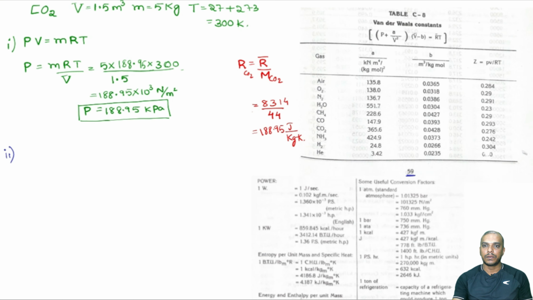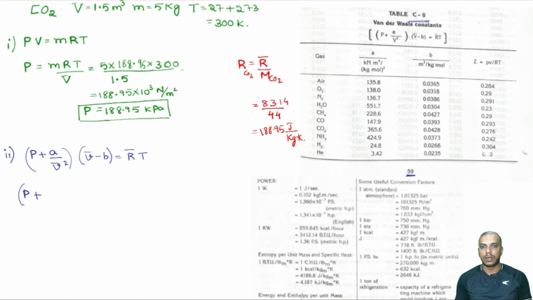So, we have this equation: P plus a by V bar square, into V bar minus b, is equal to R bar T. Pressure is what we want to determine. Now, the values of a and b have to be copied from the data handbook. The values of a and b are in table C8.